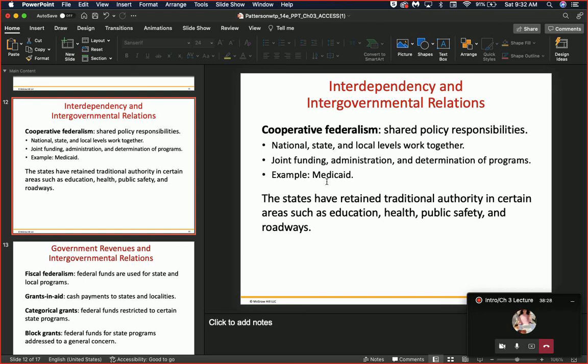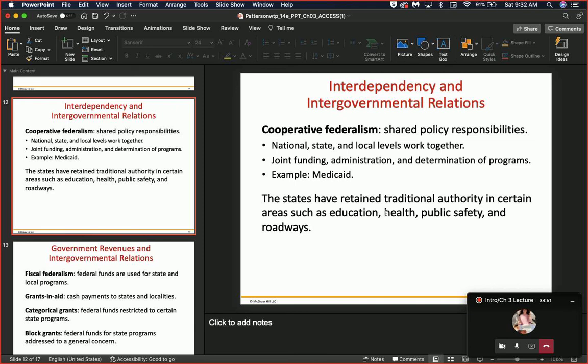Okay, we have retained traditional authority in certain areas like education. So to a certain extent, our state still has power over education, which they usually hand down to the school districts, right? Over health, states have largely been responsible for how they were going to handle the coronavirus.